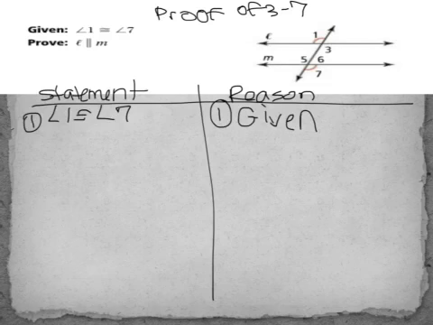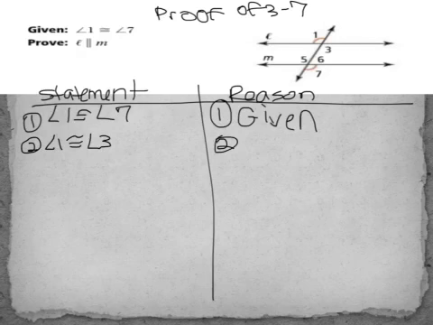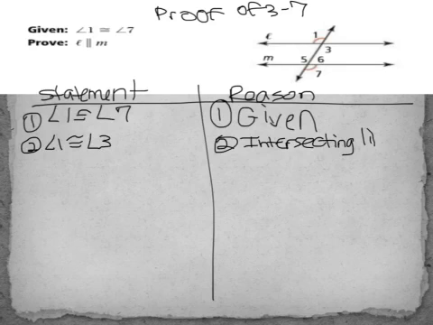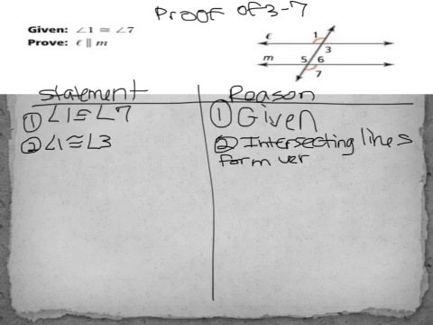So my next step is going to be to state that, and I'm going to combine steps here: angle 1 is congruent to angle 3 because, and everything needs to be included here, intersecting lines form vertical angles, which are congruent.